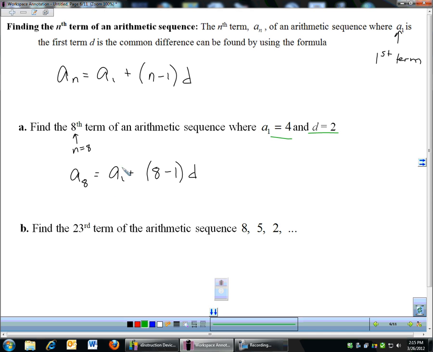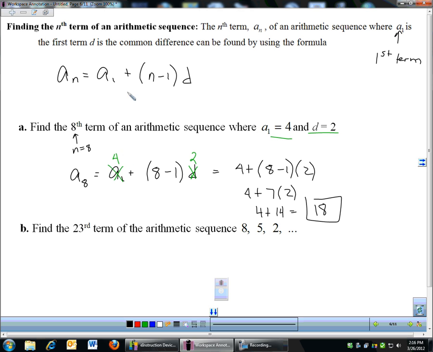In this case, a sub 1 is 4, and my common difference is 2. So 4 plus 8 minus 1 times 2. 4 plus 7 times 2. 7 times 2 is 14. So 4 plus 14 is 18. And there's your 8th term.